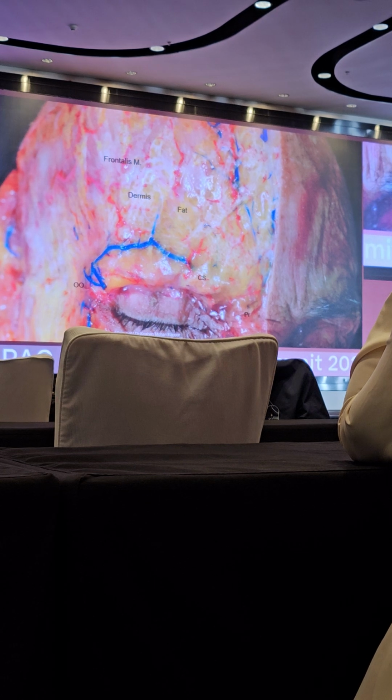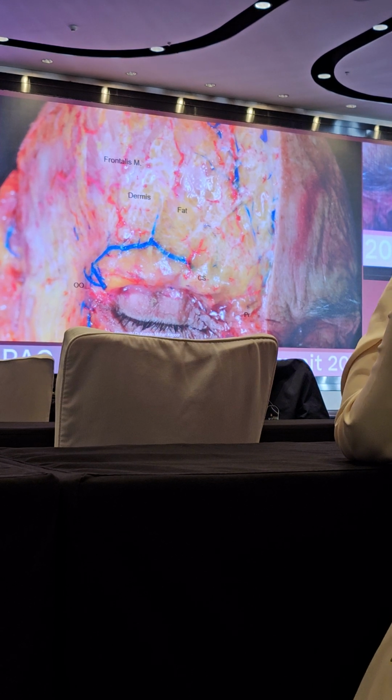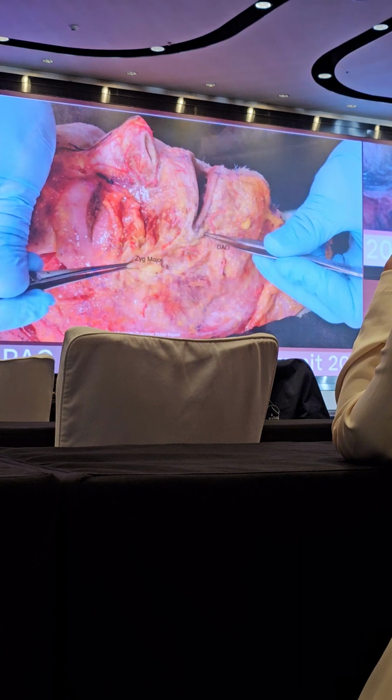We used this knowledge for injection of toxin in the upper third of the face. But not much thought was given to modulating the mid-face and lower face muscles using filler before the myomodulation concept.